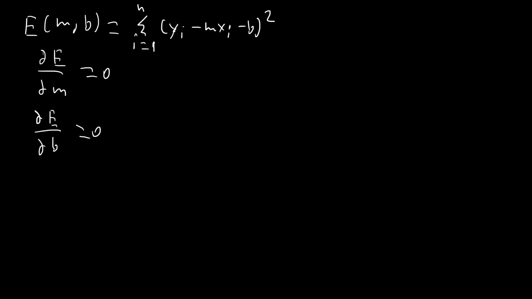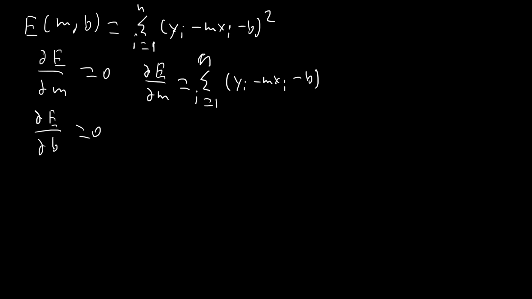So let's calculate these partial derivatives. Using the basic rules of differentiation, I'm bringing the derivative operator inside of the sum, which is okay because we're talking about a finite number of values. The derivative of multiple things added together is the same as the sum of the derivatives of each. So it's just going to be the sum from i equals 1 to n of yi minus mxi minus b.